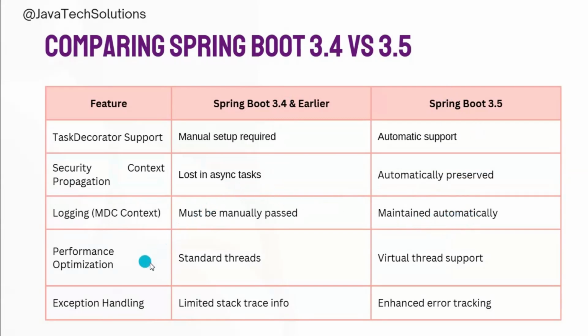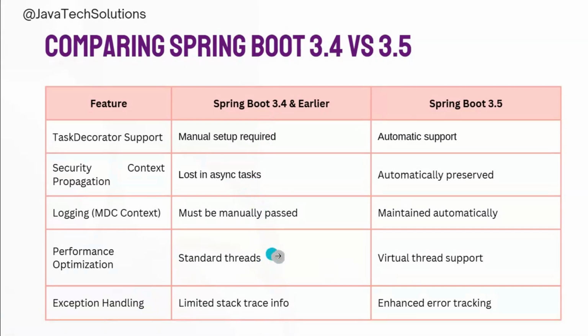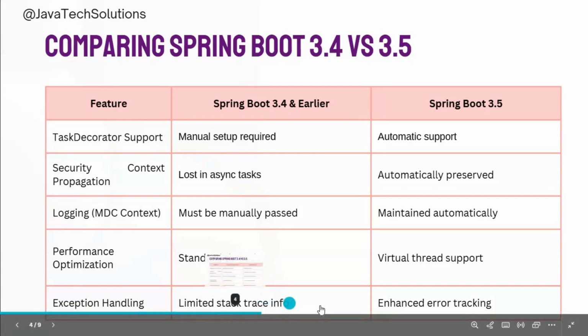For performance optimization, 3.4 uses standard threads, while 3.5 supports virtual threads. For exception handling, there was limited stack trace information, because as I said we lost some information in async mode due to lack of configuration. Here it enhances error tracking. These are the comparisons of this release with earlier versions of Spring Boot.